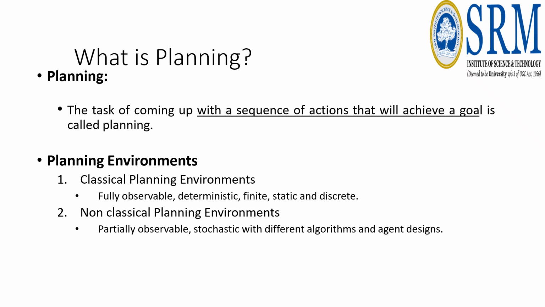The classical planning environment has different categories: fully observable, deterministic, finite, static, and discrete. These topics come under the types of environment, and they have different examples. The non-classical planning environment is partially observable and stochastic, with different algorithms and agent design.